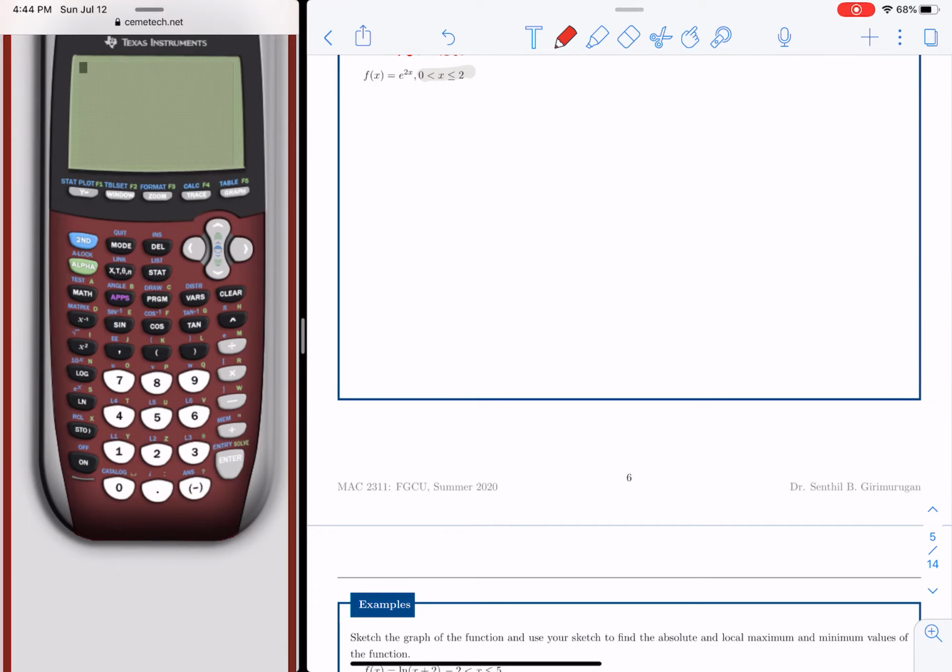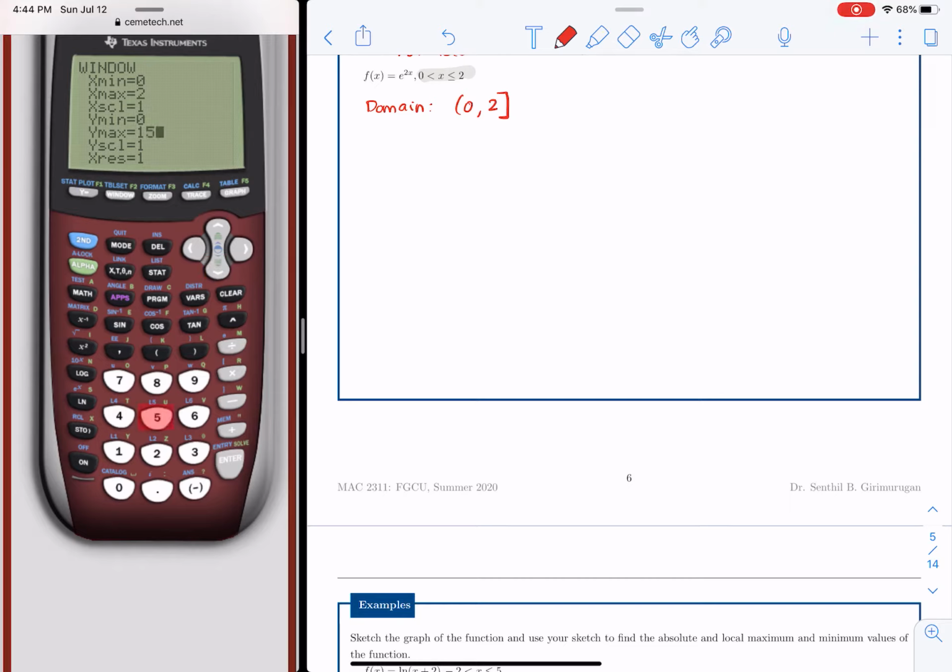Okay, moving on to an exponential function. The domain: 0 is not included all the way up to 2. So let's adjust the window, 0 up to 2.